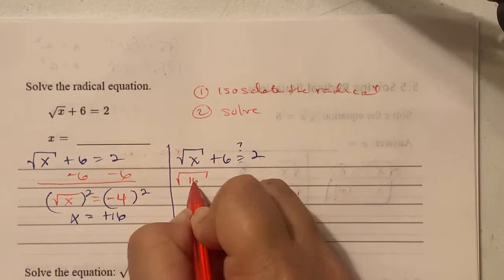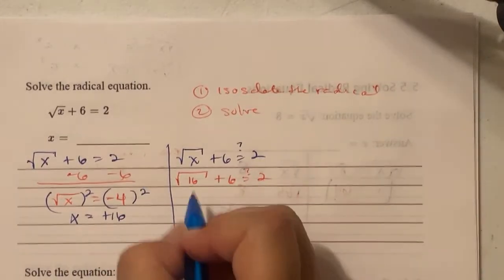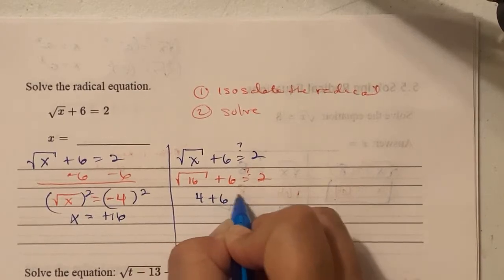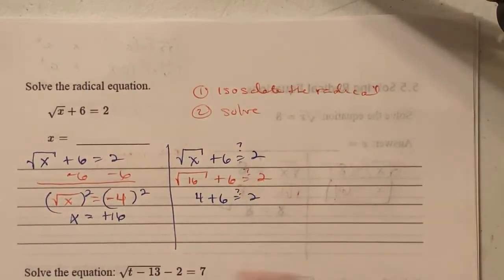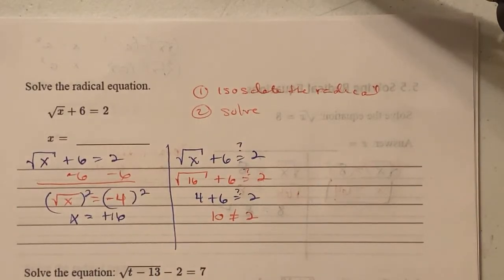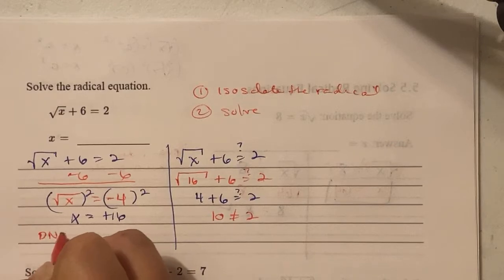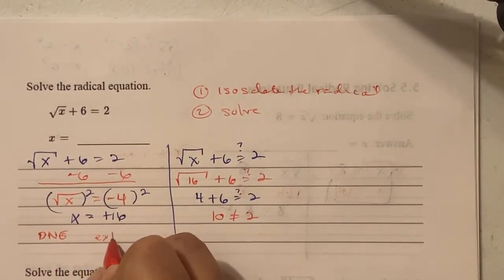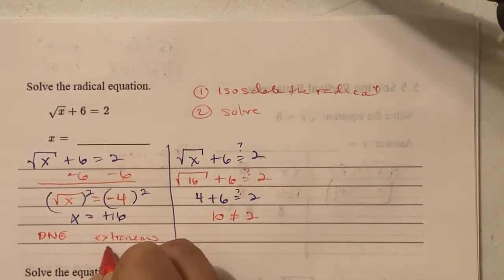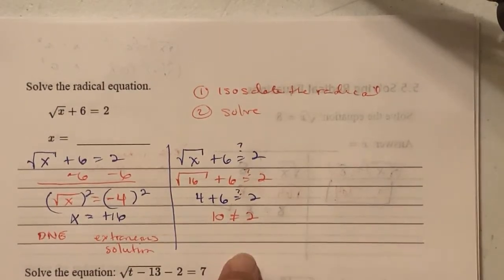So square root of 16 plus 6, does that equal 2? Square root of 16 is a 4, and I'm adding 6 additional to it. Well, positive 10 does not equal 2. So because of this situation, this is a DNE, does not exist. This is known as an extraneous solution.